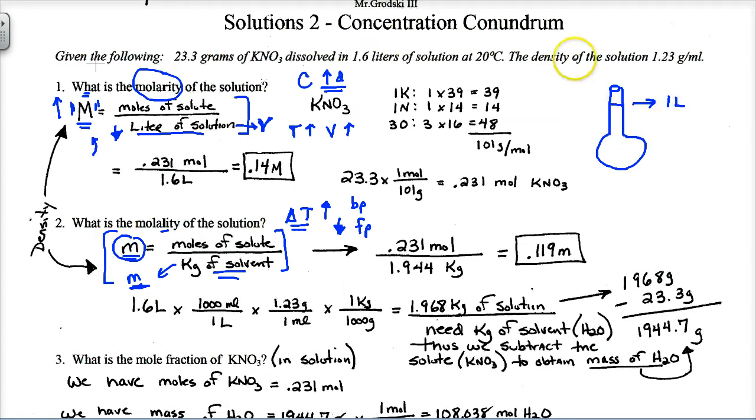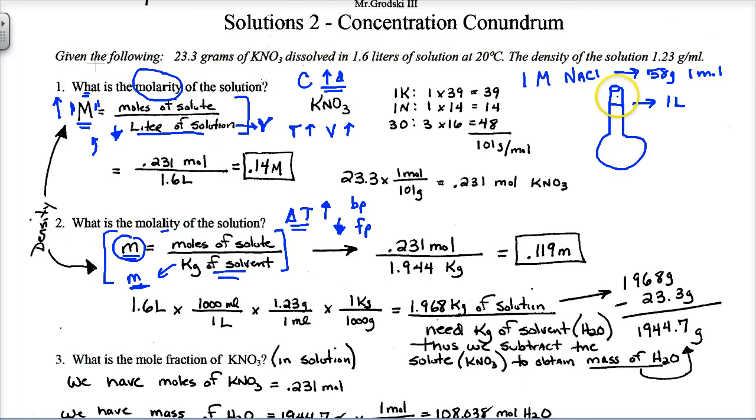If I was to make a 1 molar solution of, let's say, table salt, NaCl, I would need a mole of it, and we know that 23 plus 35 is 58 grams. So I know that 58 grams of table salt is 1 mole. So how would I make a 1 molar solution? Well, one way is I can fill this up all the way to the 1 liter mark and then add the 58 grams.